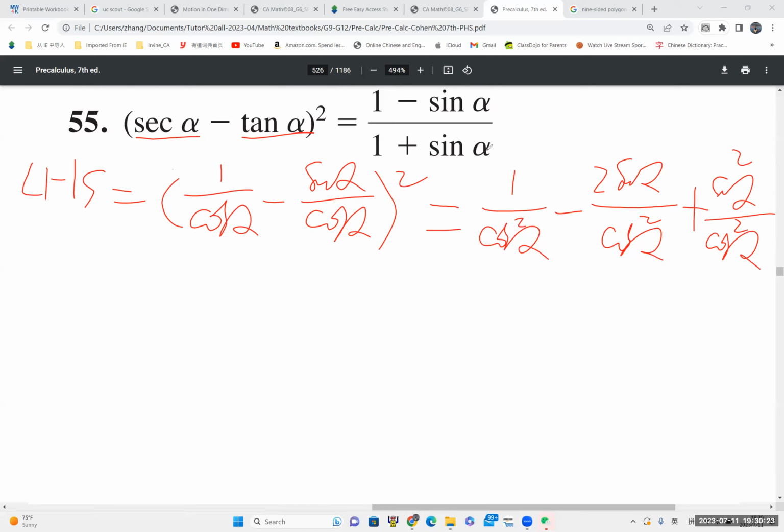Anyway, we can write it as cosine alpha square, 1 plus, 1 minus sine alpha.